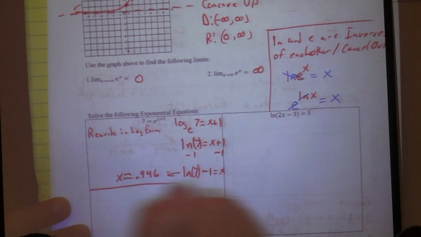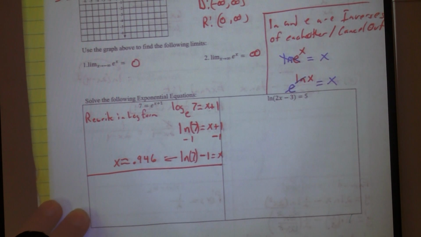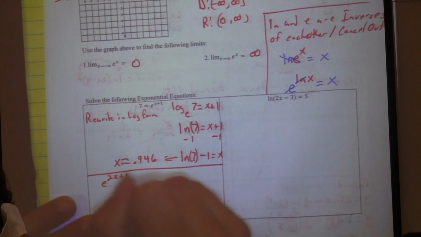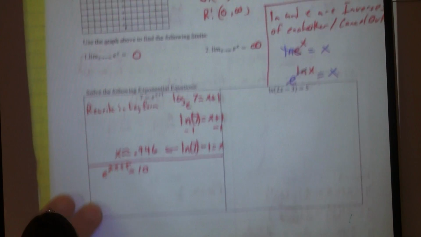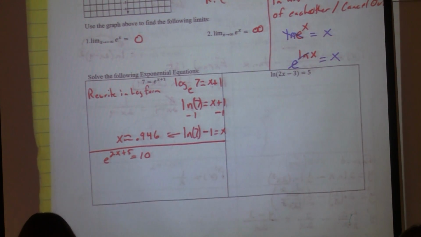Wanna try another one like that? Let's try another one in exponential form, so that way you can see that you have to rewrite it. So if we have e to the 2x plus 5 equals 10, okay? It's an exponential form, I need to rewrite it in log form to solve it.